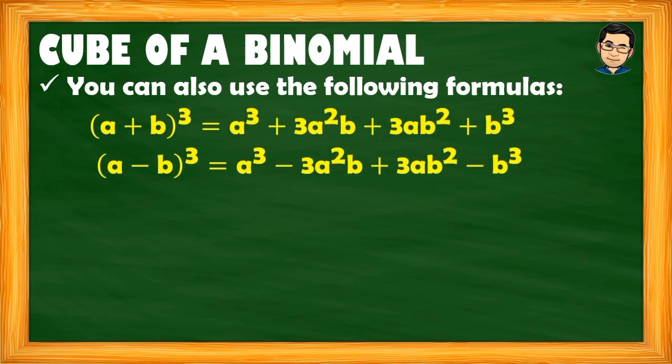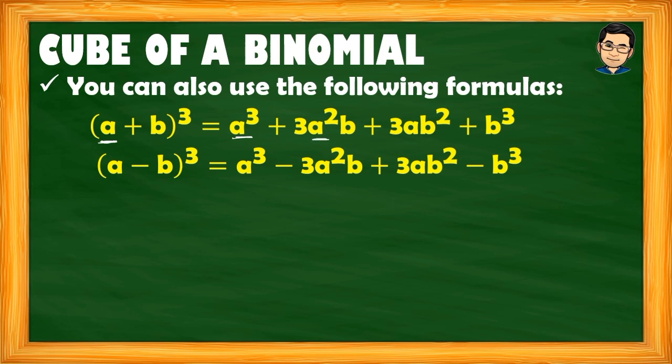So yung una, the quantity of a plus b cube. Yung steps natin doon, cube the first term. a is the first term, so a times a times a, kaya a cube. And then square the first term, so a times a, kaya naging a squared.